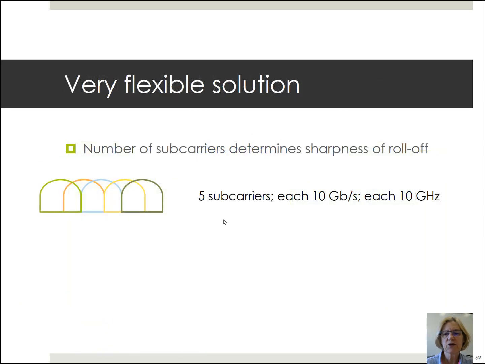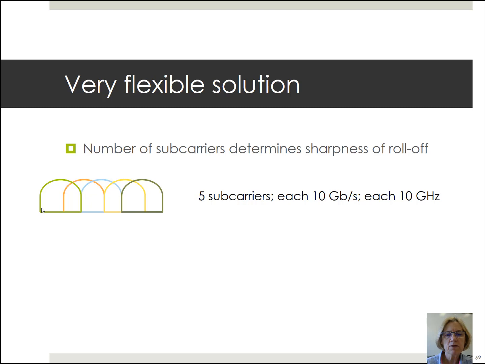So I'll try to explain to you why OFDM is such a nice flexible solution in the physical layer. The first aspect was actually one of the reasons for adoption and development of OFDM first at this physical layer. And that was not for the reasons of the networking I mentioned, but about the sharpness of the roll-off of our signal.